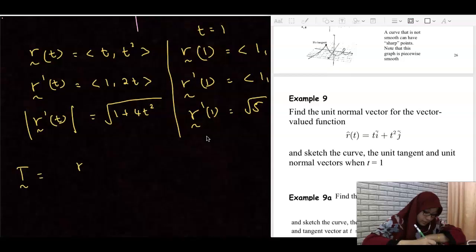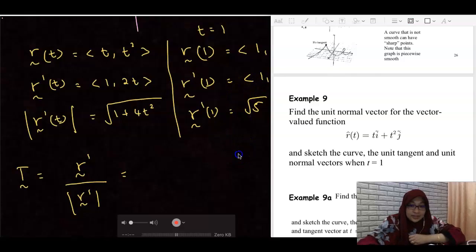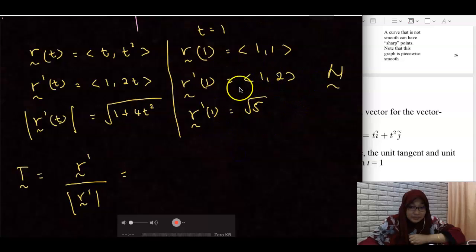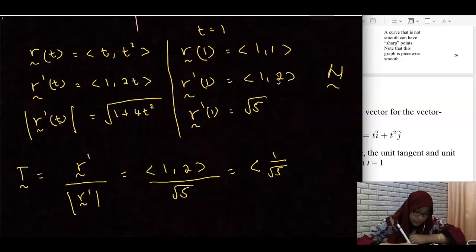The formula is r prime divided by its magnitude. You have already computed that, so you have (1, 2) divided by square root 5. Then the x component is 1 over square root 5, and the y component is 2 over square root 5.